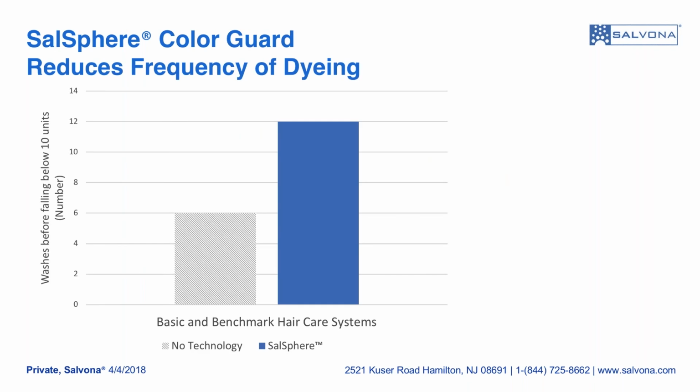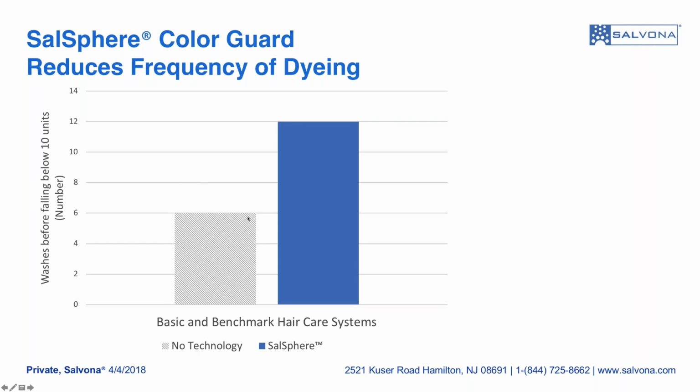When we compared the effect of the technology from a different point of view, we measured the number of washes up to the point that there is a major decrease in the color. We found that if we use a basic product without the technology, it takes only 6 washes, and you see a drop in the color intensity.